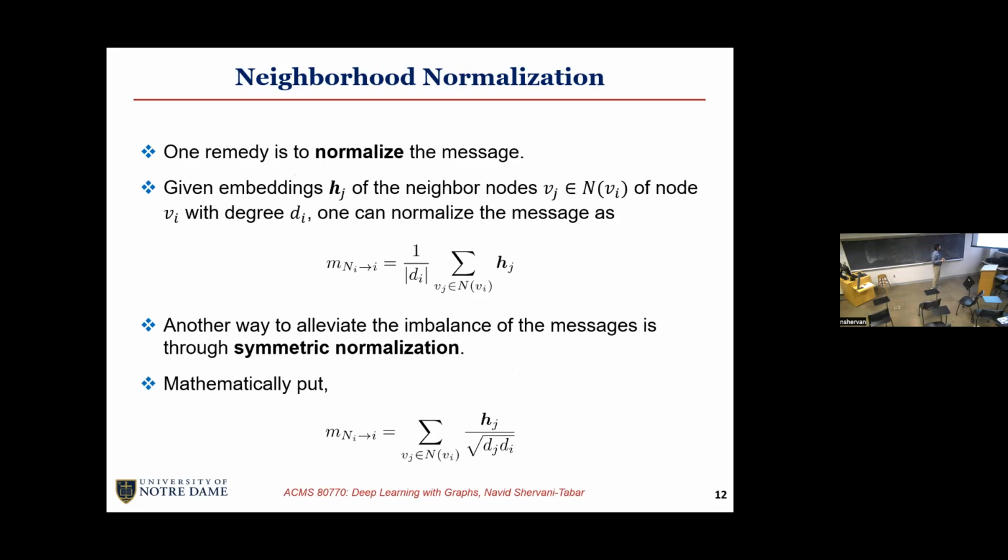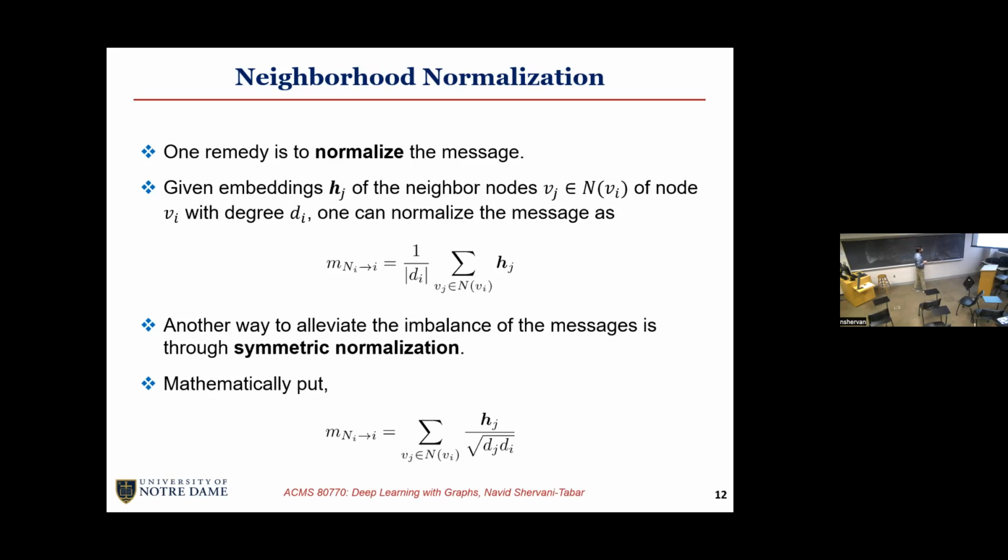In the aggregation step, let's say that I'm using a sum, as we have done so far, as my aggregator. I'm summing over all these embeddings, and I'm dividing that by the degree of that node. So I'm normalizing using the number of nodes that are connected. This brings some balance to our problem. So this is one way to normalize it.